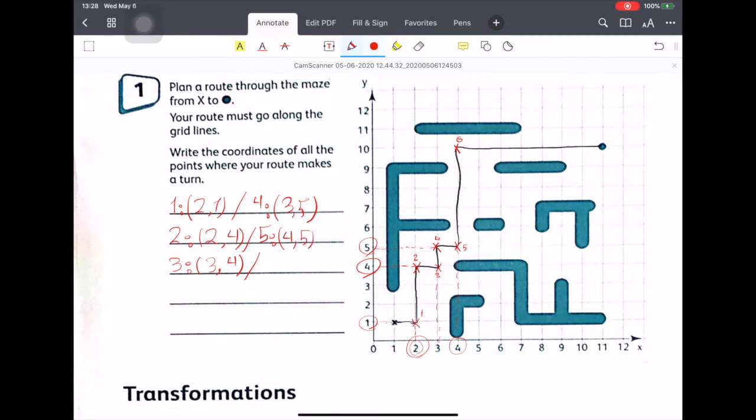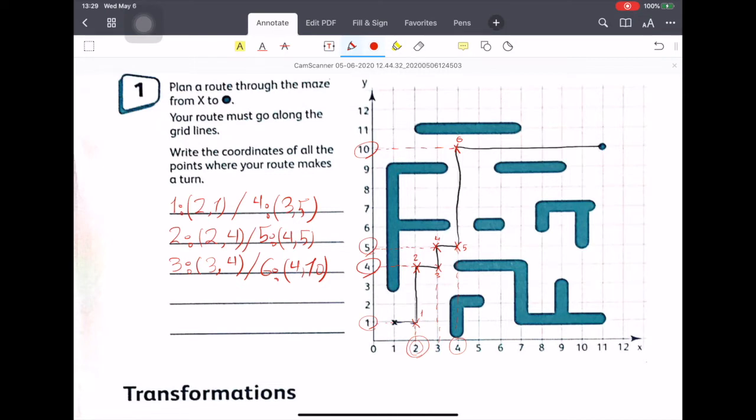About point 6, however, x is 4 and y is going to be 10. These are going to be our coordinates about our path reaching from X to the circle.